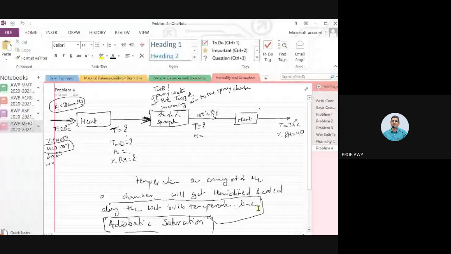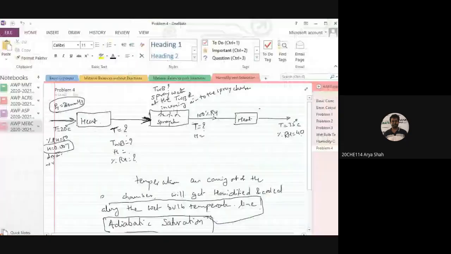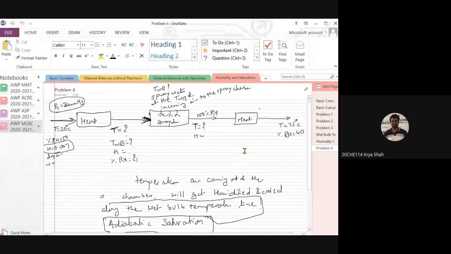So again it blacked out. Sorry. Now it is still visible, right? There are some issues today. Normally it doesn't create all these issues.